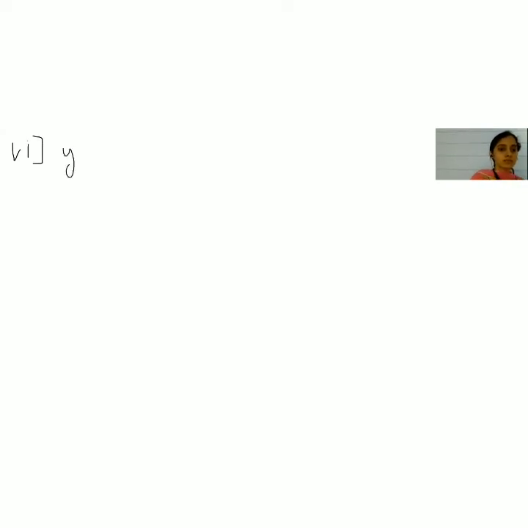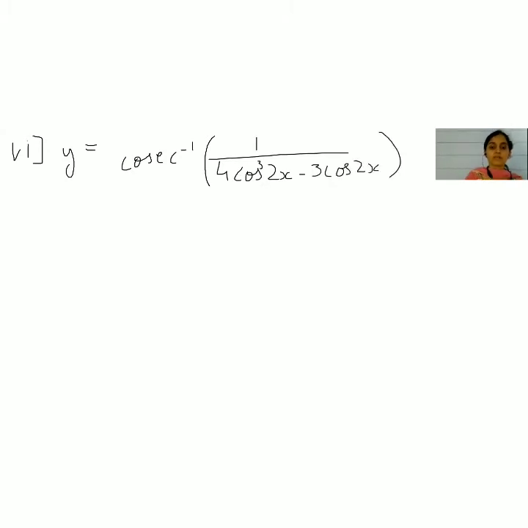Y is equal to cosec inverse, bracket 1 upon 4 cos cube 2x minus 3 cos 2x, right? 4 cos cube 2x minus 3 cos 2x.